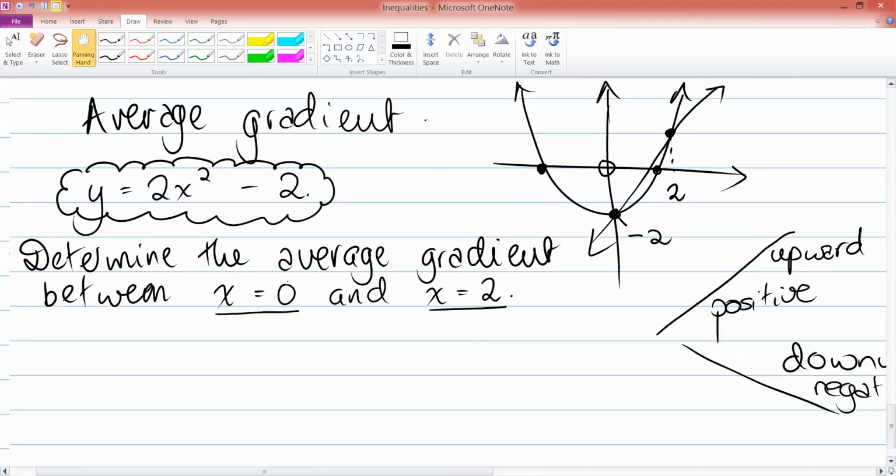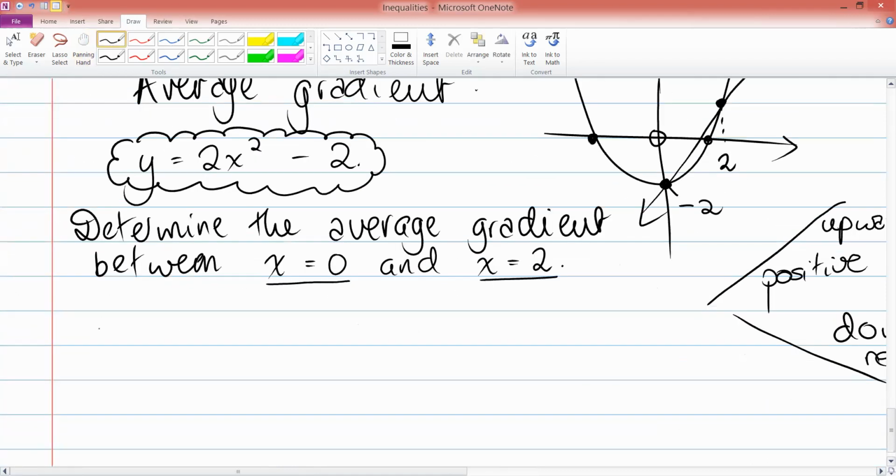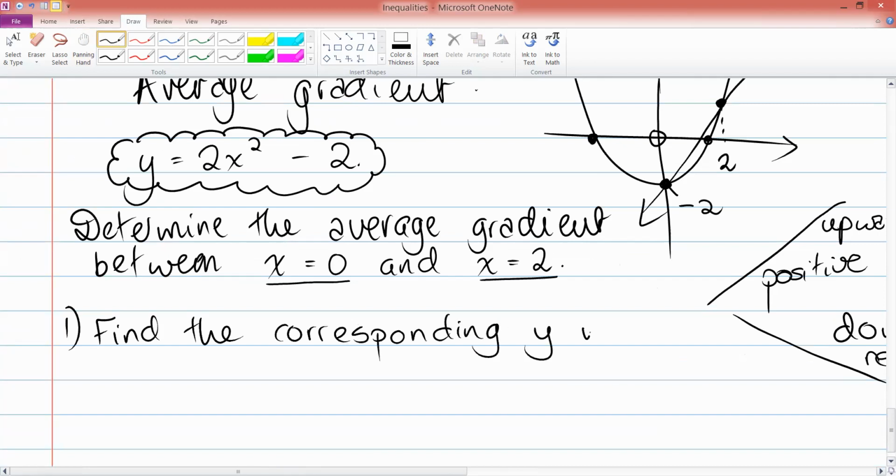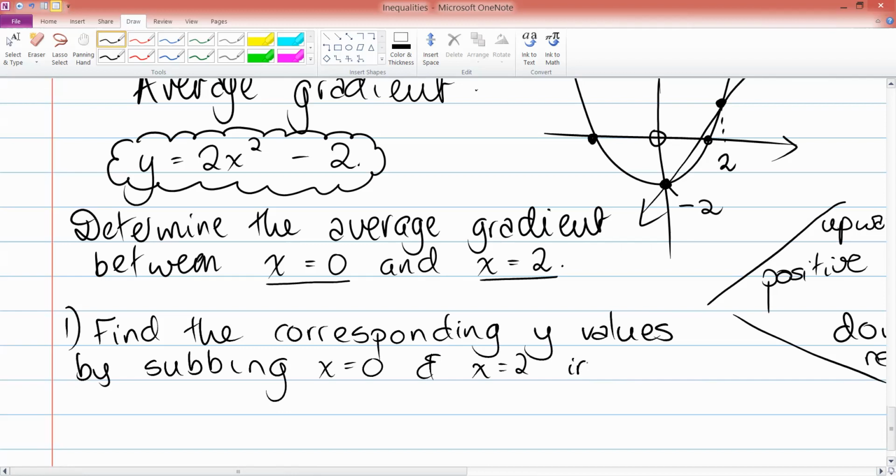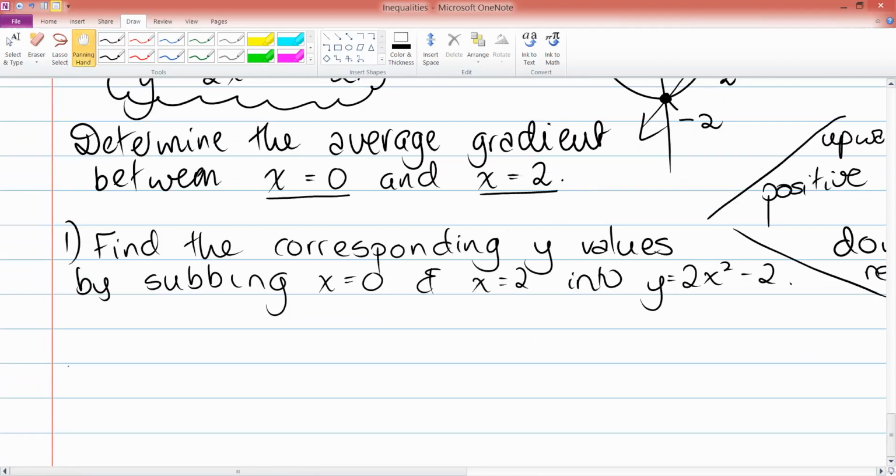So since we've got the X values here, step one is to find the corresponding Y values. How are we going to do that? By subbing X equals 0 and X equals 2 into your Y equals 2X squared minus 2. All right, so let's go ahead and do that.